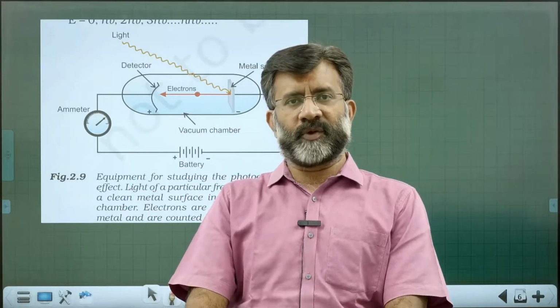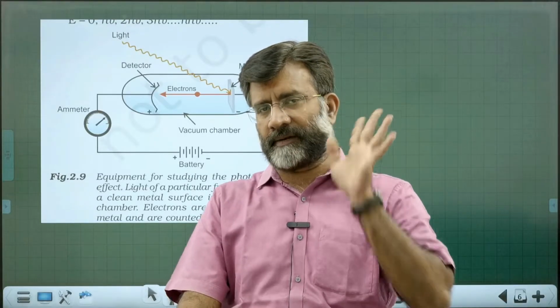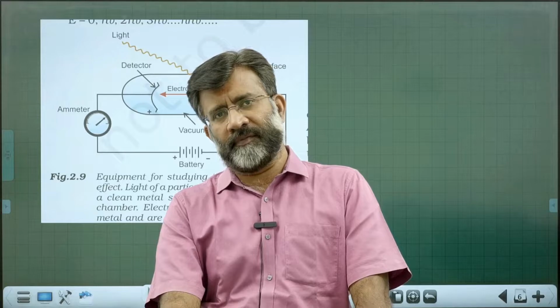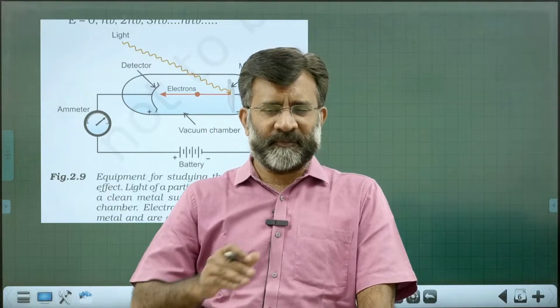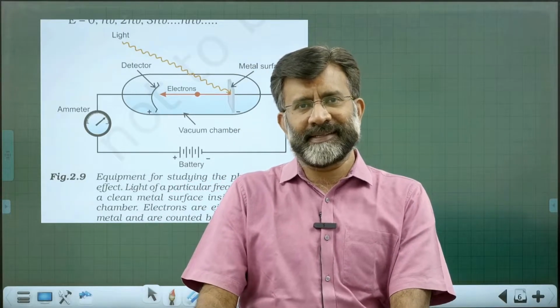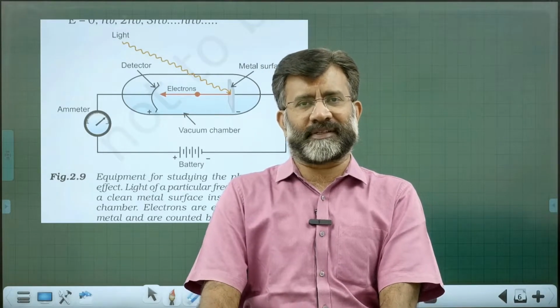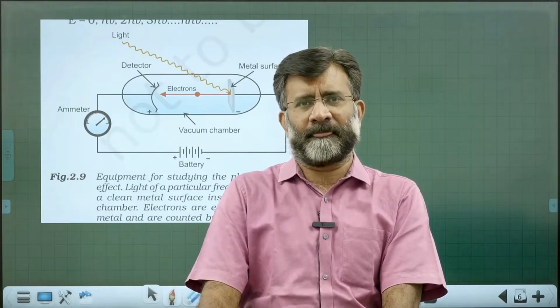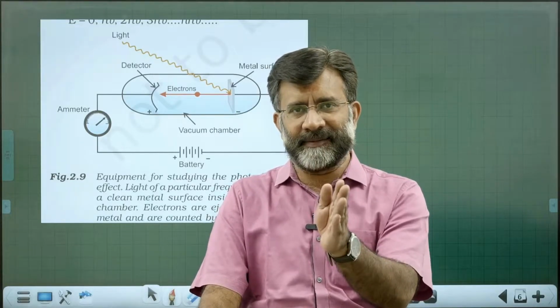And the minimum frequency required depends on the nature of the metal. Which metal in the periodic table has a very high tendency to show the photoelectric effect, meaning a very low energy is required for causing it? I think many of you know. Yes, it is the alkali metals. In alkali metals, who?